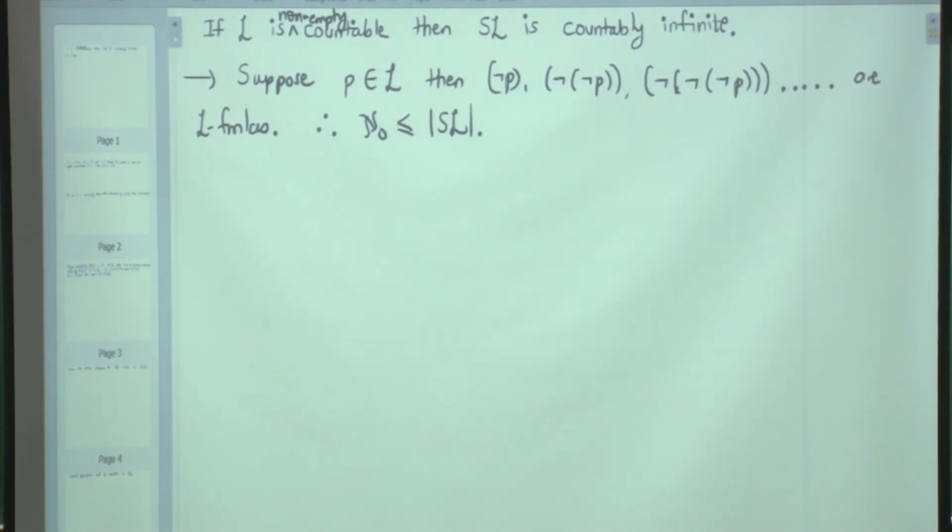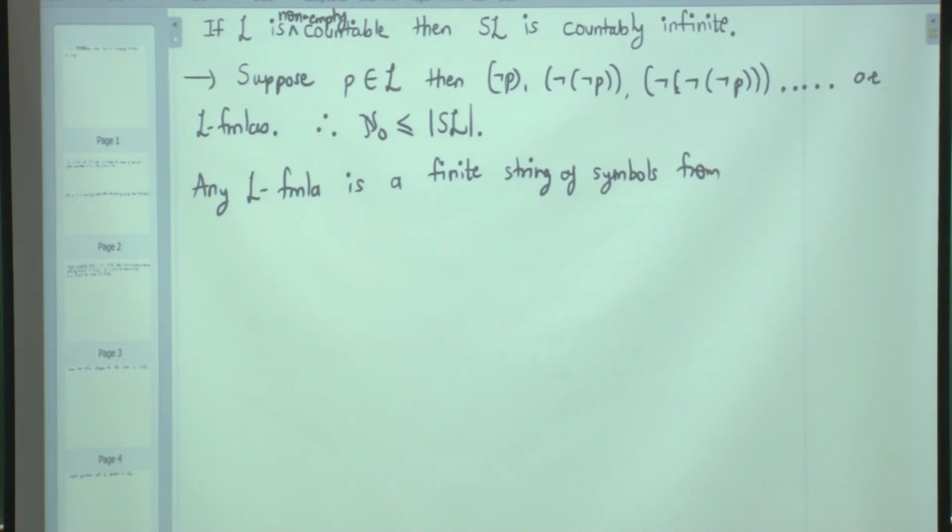Conjunction, negation, and parenthesis. So any L formula is a finite string of symbols from L and these symbols.